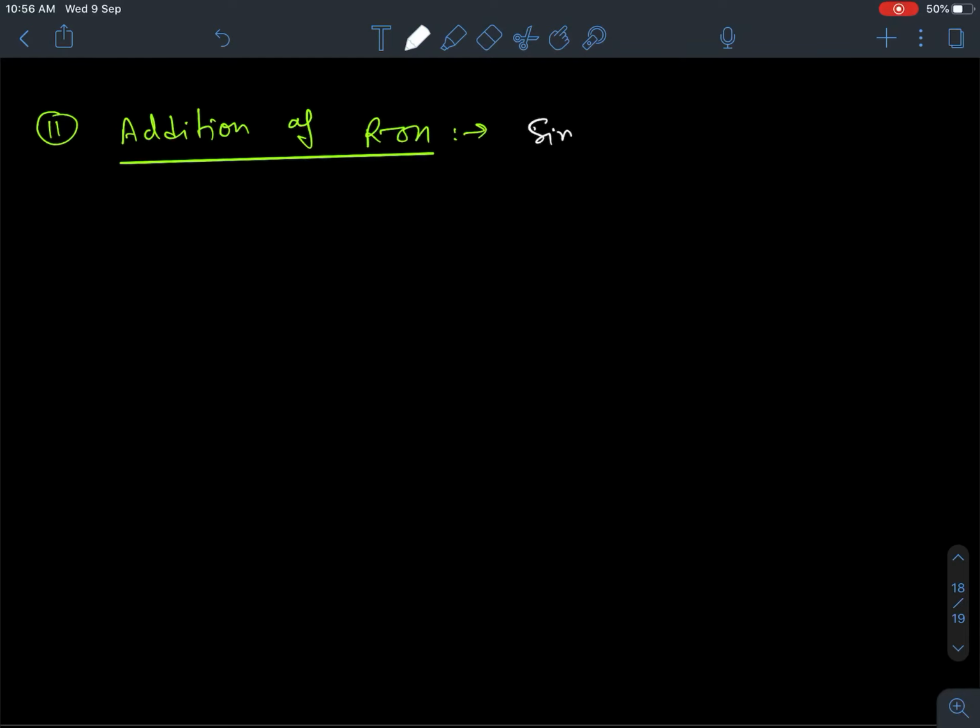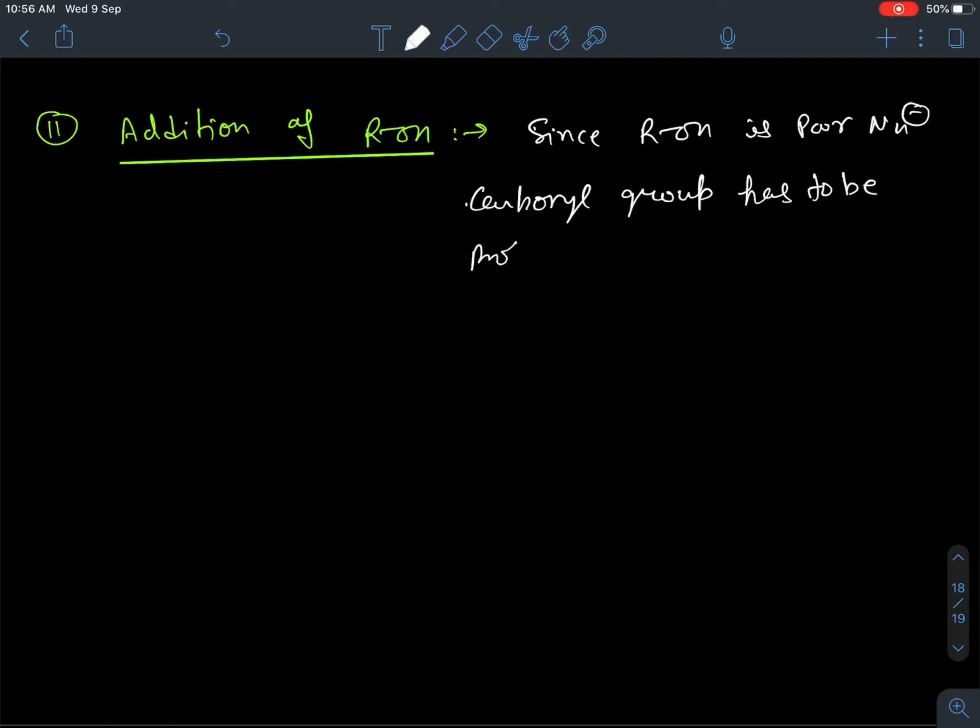So since ROH is a poorer nucleophile than water, the carbonyl group has to be protonated to increase the reactivity.